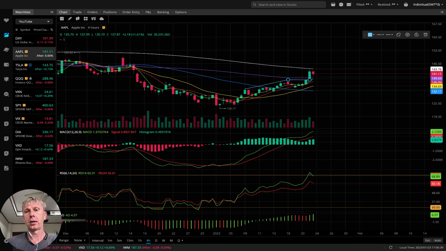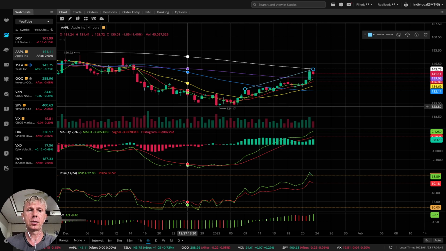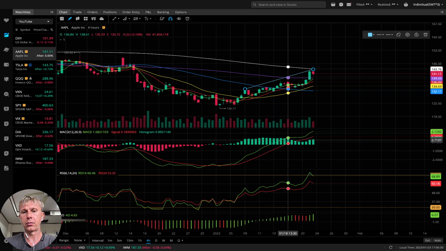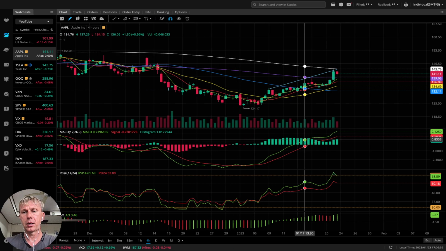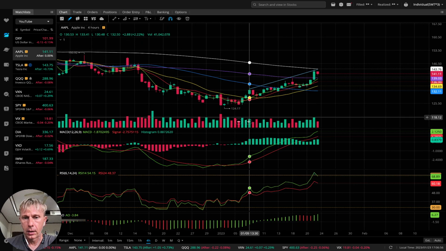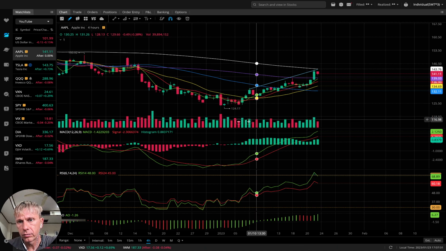Let me remove this and change direction. Yeah, it's a price action uptrend, right? And on the histogram, it's a downtrend. Sorry, volume.